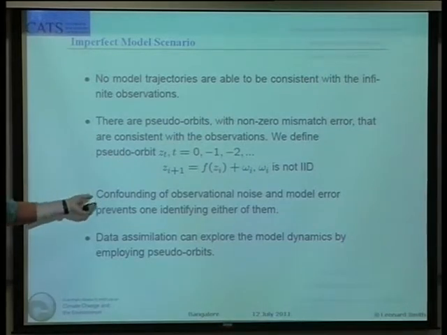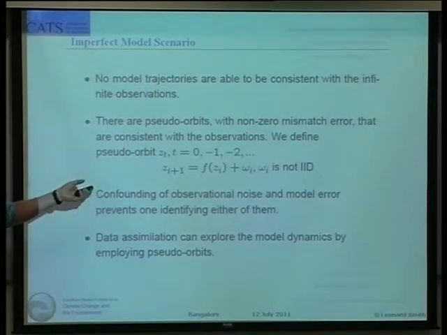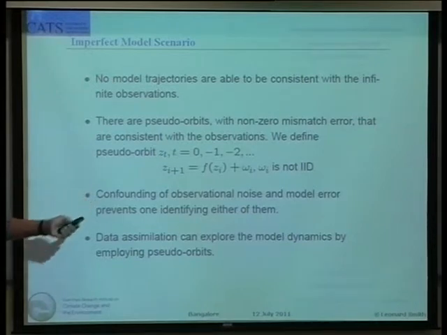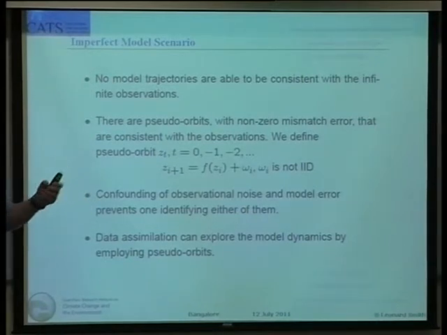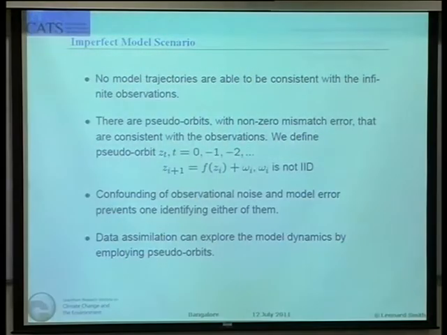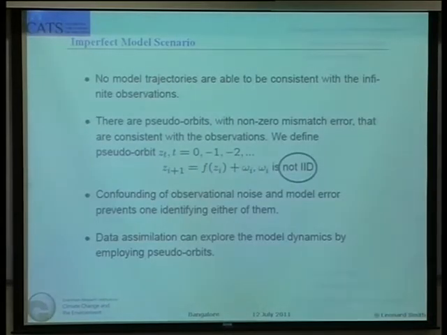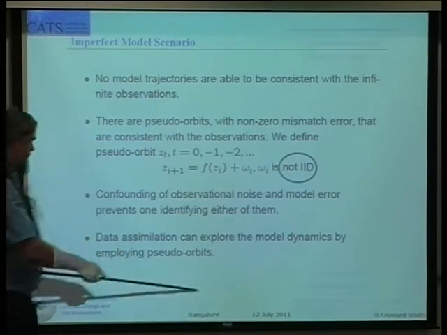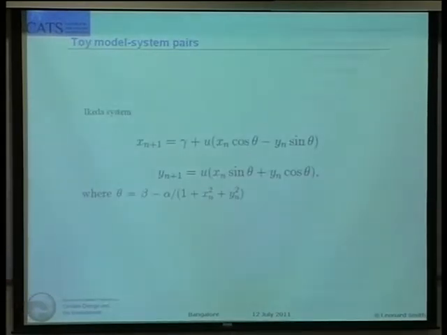Given these two stochastic things, part of the uncertainty is going to be due to model error, part of it's going to be due to observational uncertainty, and we can't pull those apart. And then we stop looking for trajectories so much, and start looking at pseudo-orbits. And this really isn't IID. There should be a reference to that, but, okay?